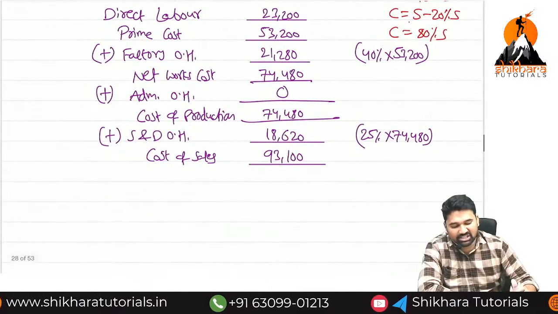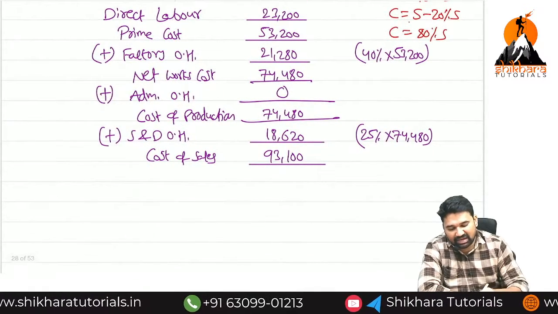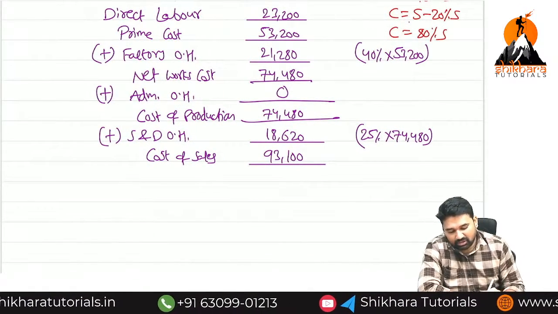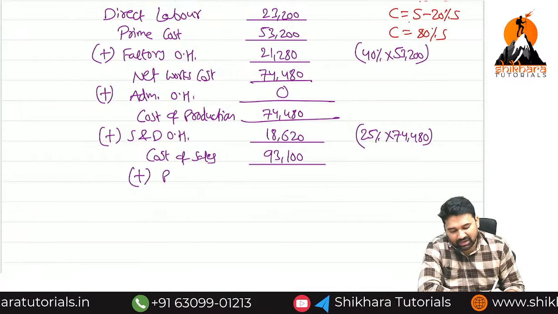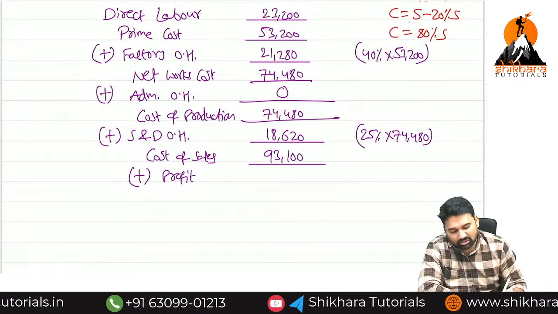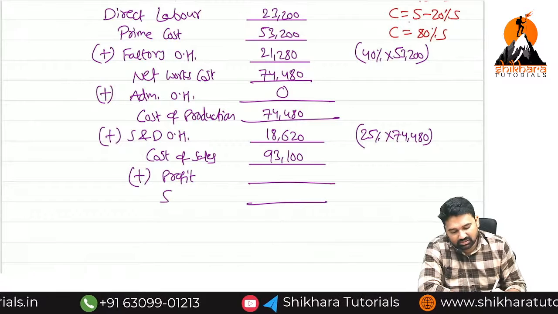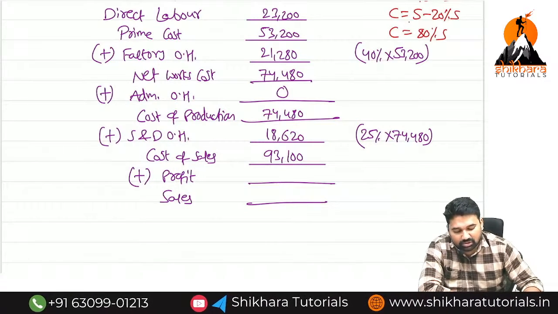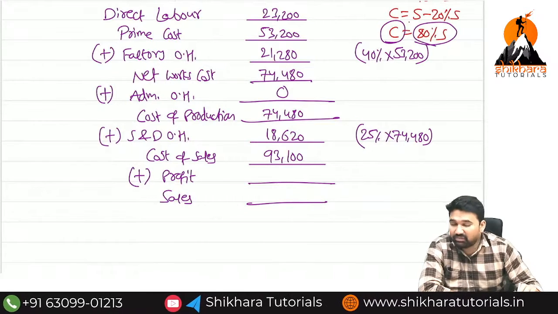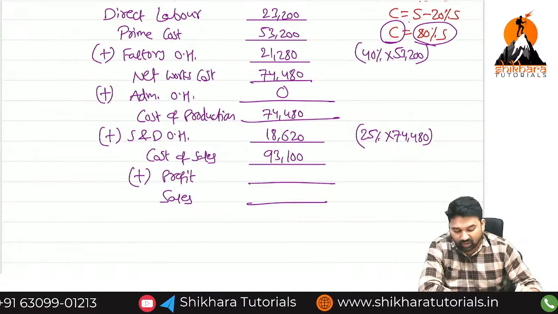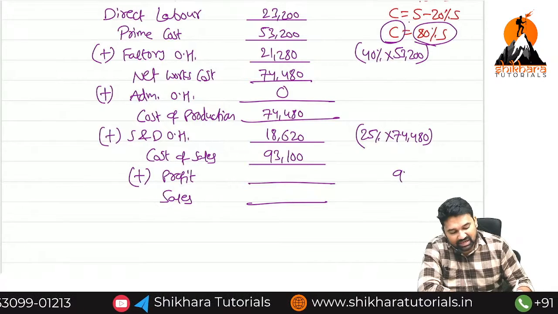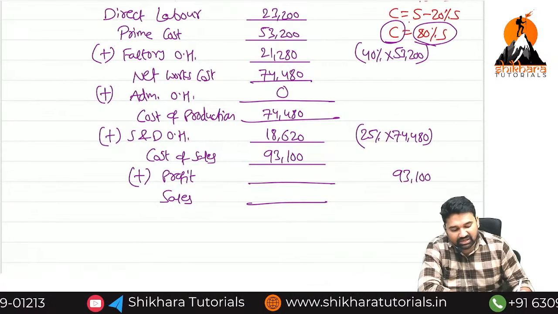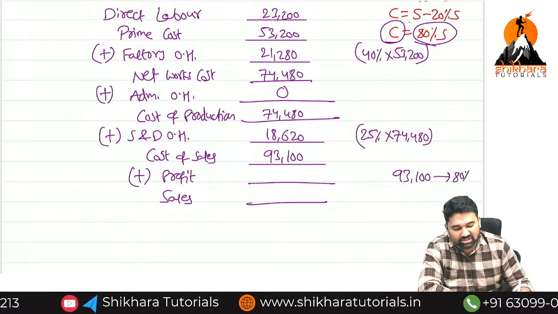So what is the relation between cost and profit? According to the cost sheet, you add profit to the cost of sales, sales will arrive. So listen carefully. Cost is equal to 80% of sales. So 93,100 is equal to 80%.